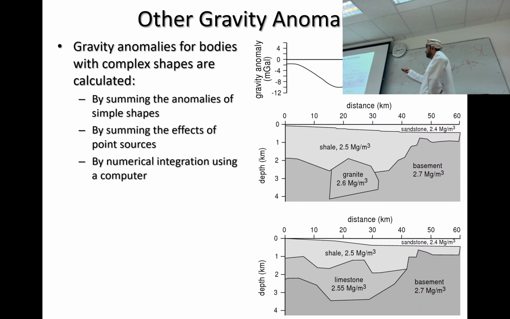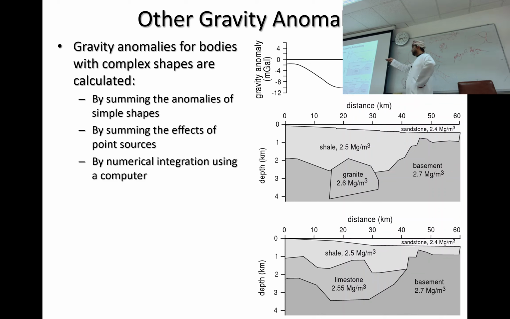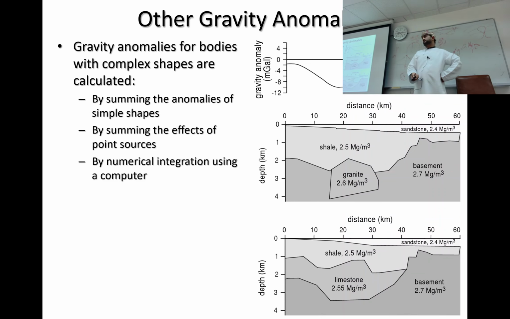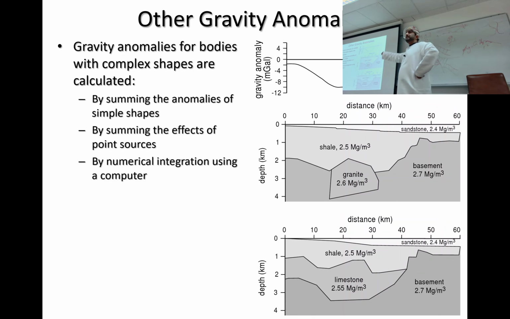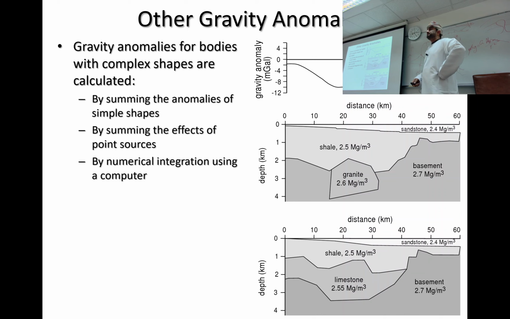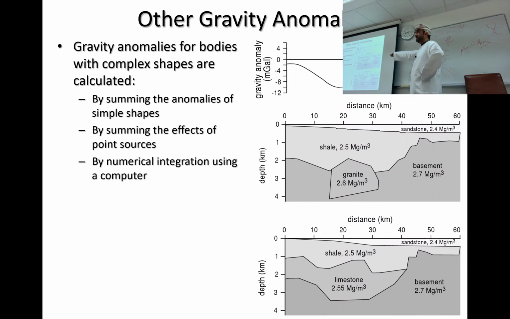So this is an anomaly I produced. That's an anomaly in milligal. These two models, they are both entering the data. They are two different models. They produce the same anomaly. That's the original one I recorded from the field. I come back to the computer, to the office. I try to do modeling.